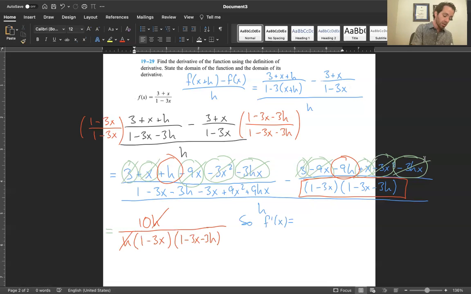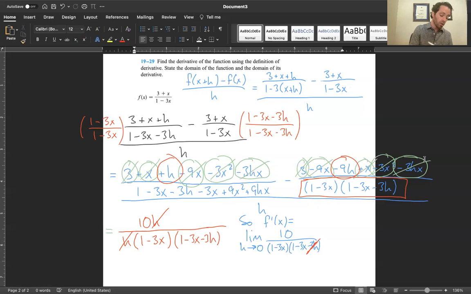So now we can say f prime of x equals the limit as h goes to 0 of 10 over 1 minus 3x times 1 minus 3x minus 3h. And looky, looky, there's no h on the bottom, so it's not going to go to 0 anymore.